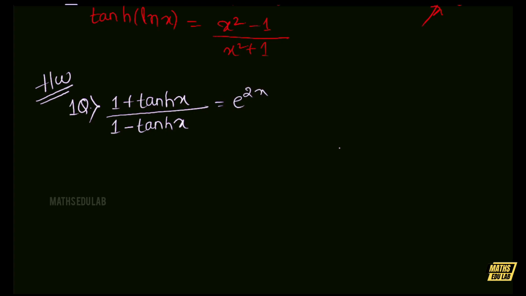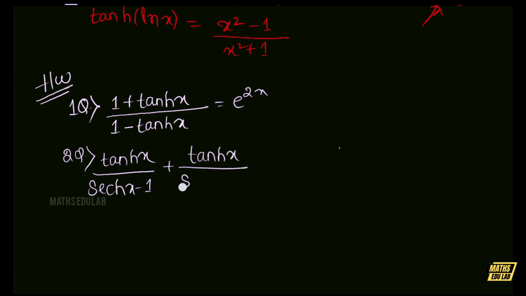And then the next question for homework is tan hyperbolic x upon sec hyperbolic x minus 1 plus tan hyperbolic x upon sec hyperbolic x plus 1, which is equals to minus 2 cosec hyperbolic x.